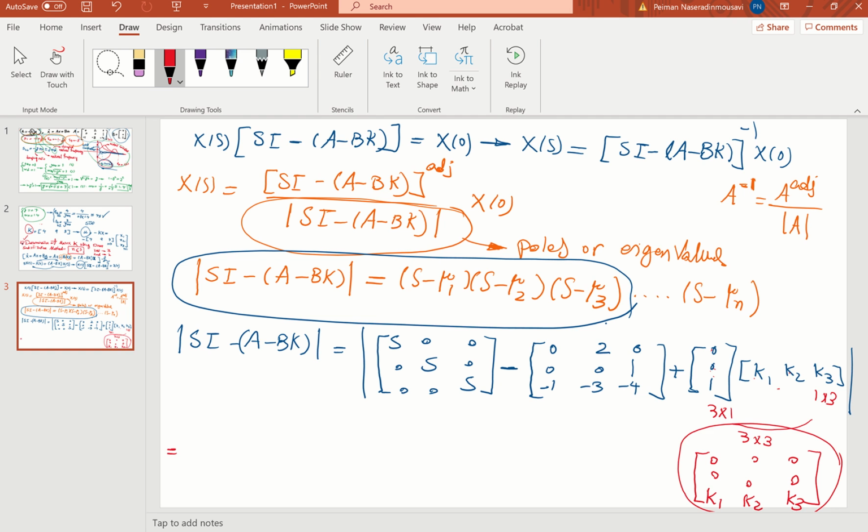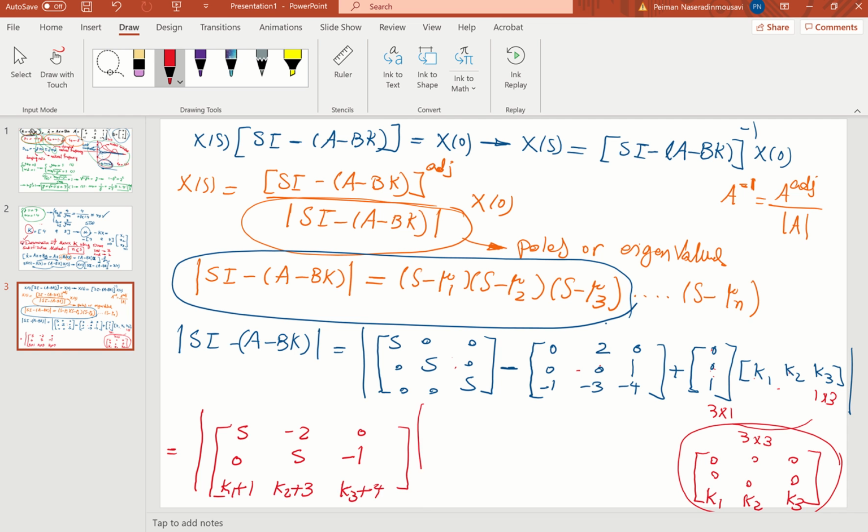So after subtracting this from this and adding, you're going to have s minus 2, 0, 0, 0, s, minus 1, so plus 1 plus k1, so k1 plus 1, 3 plus k2, so k2 plus 3, and 4 plus k3, so k3 plus 4.